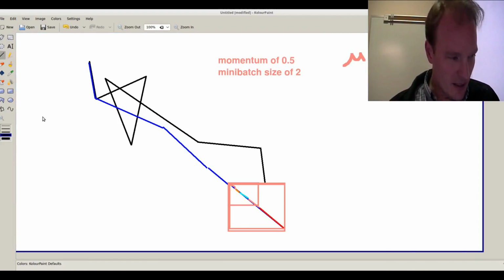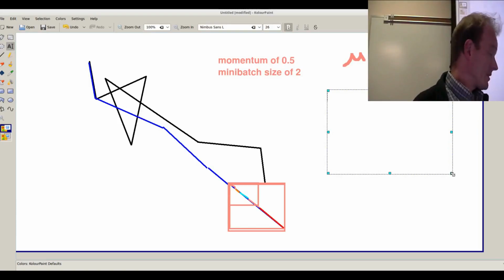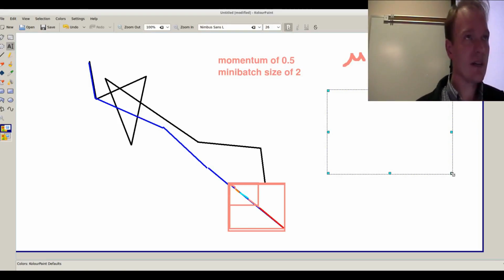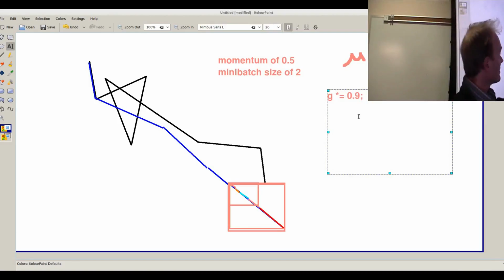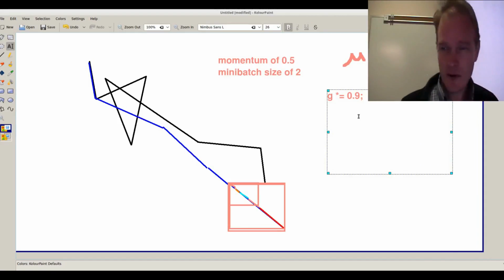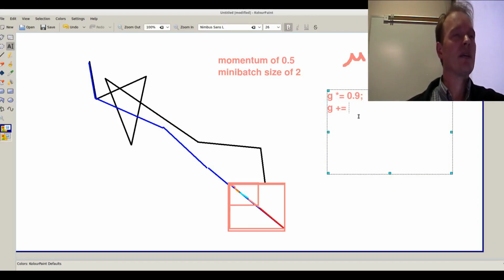What that means is, just before you compute your gradient, instead of doing a gradient.fill 0.0, you're going to do a gradient times equals 0.9, because we're having 90% momentum. What that means is we're really dumping out only 10% of the gradient we had before, and then we're going to add to it whatever gradient you compute from forward propagate, back propagate, update gradient.